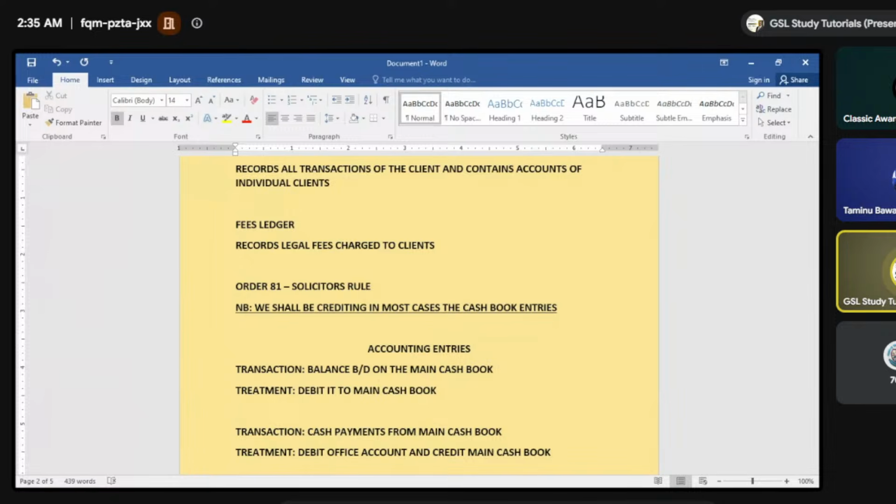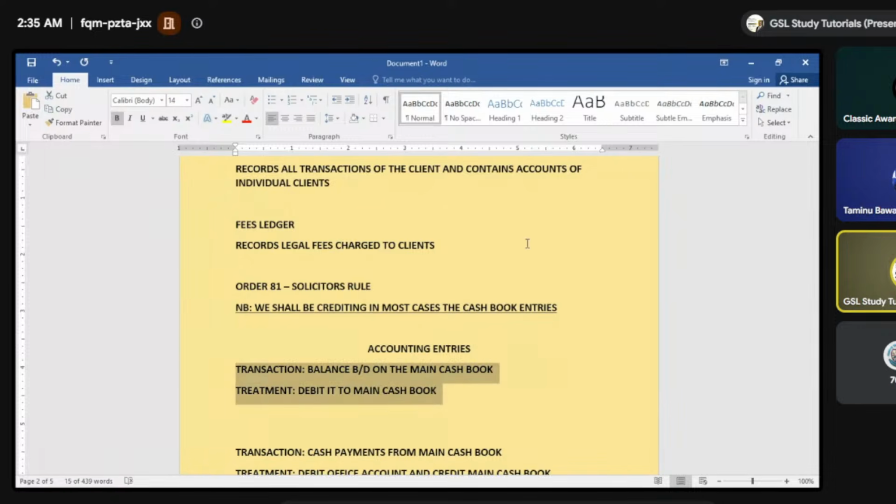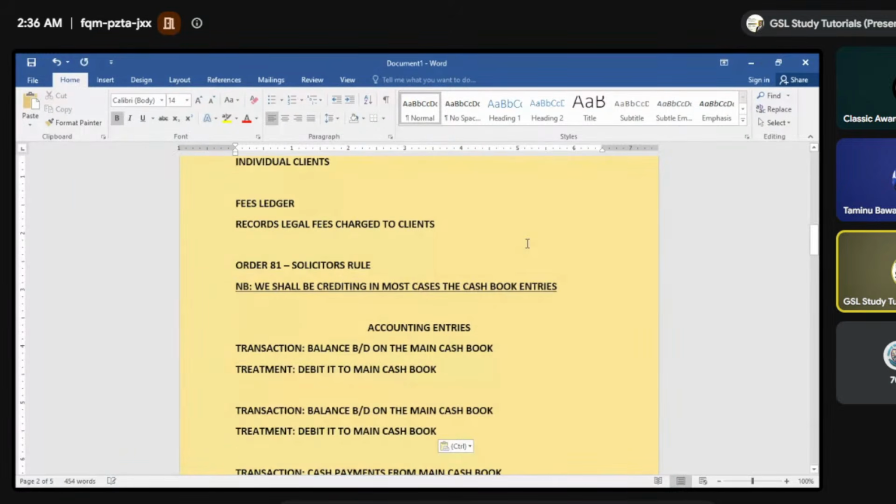EXMAS School of Law manual. So I'm adding it. Balance brought down on the client cash book. Debit it. So they said debit it to the client cash book balance.